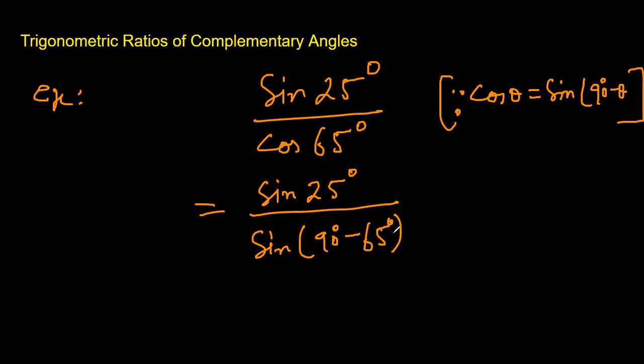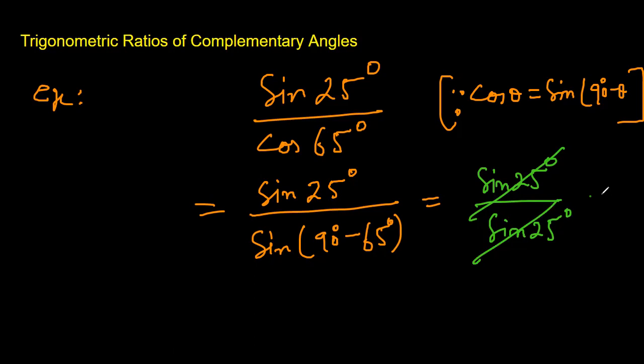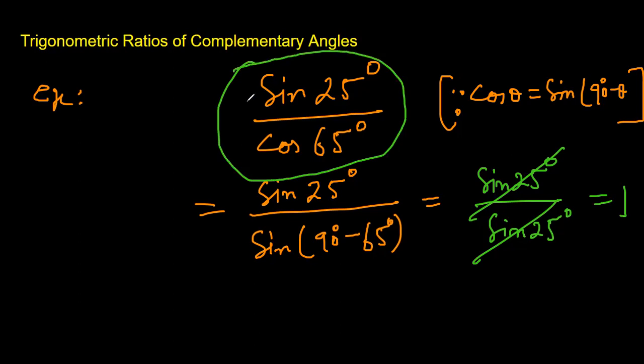What is 90 minus 65? It is 25. So sine 25 degrees divided by sine 25 degrees. Now these two can be cancelled, same terms, and you get 1. So look, you can calculate trigonometric ratios like this without actually knowing the value of each individual ratio, using these complementary angles.